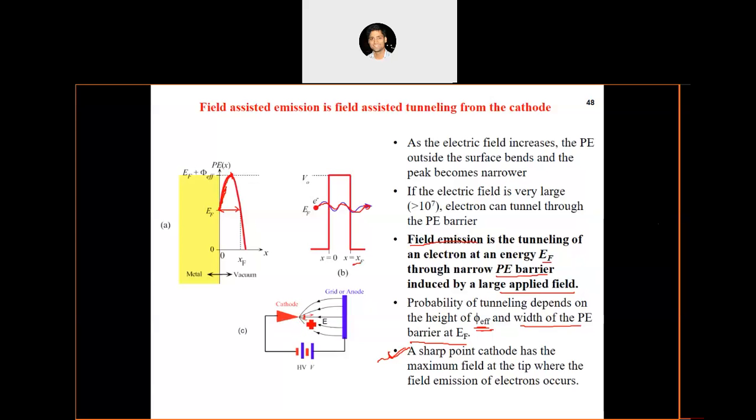We can increase the electric field significantly by making these sharp point cathodes, and that helps in increasing the intensity of field emission. That's correct. Right.